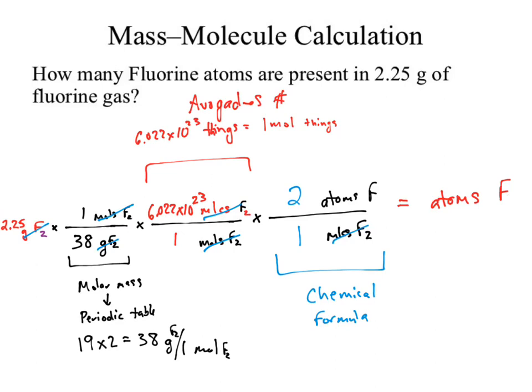No. So what's your question? You know how you had to take the moles of F2 and then to the atoms of F. I did that and got the same answer instead of spreading it out to 1 molecule is 2 atoms. I'm sorry, you said 2 moles of F versus 1 mole of F2?